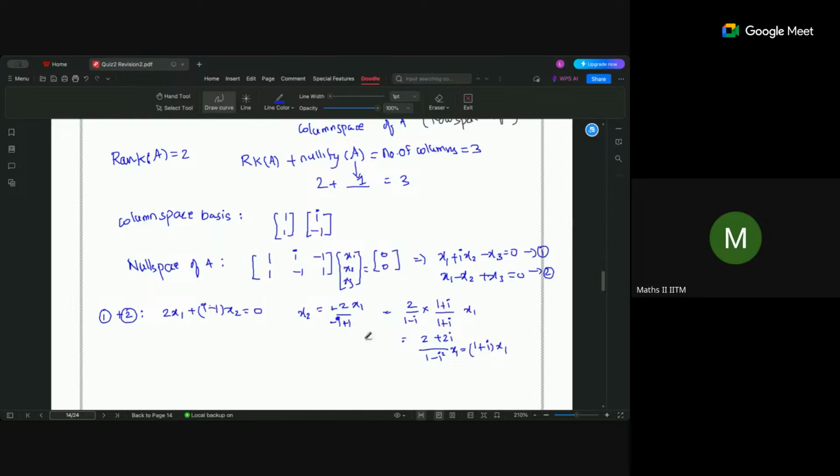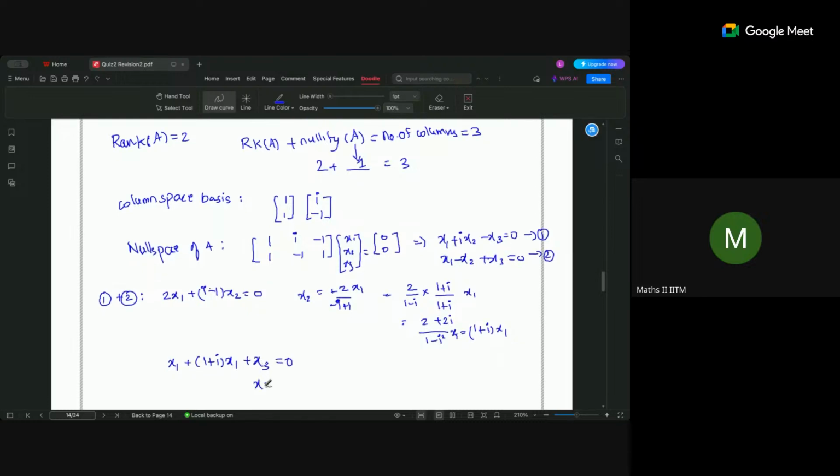So we have to now substitute it back here. So you have x1, and then in place of x2 you have 1 plus i x1, plus x3 equal to 0. So what is it that you have? x3 is equal to minus x1 minus 1 plus i.